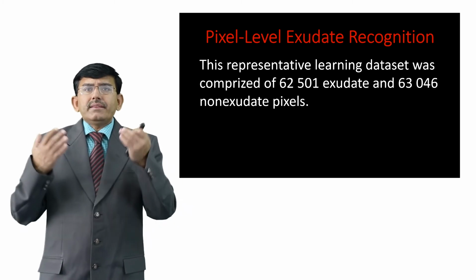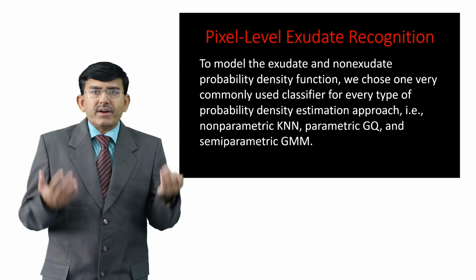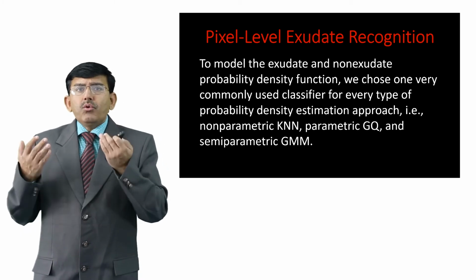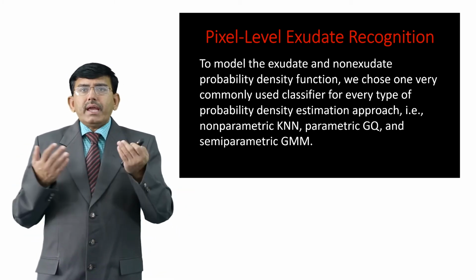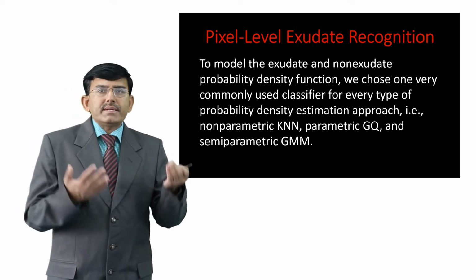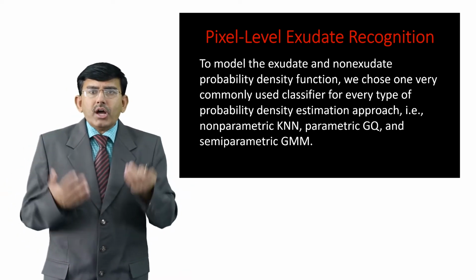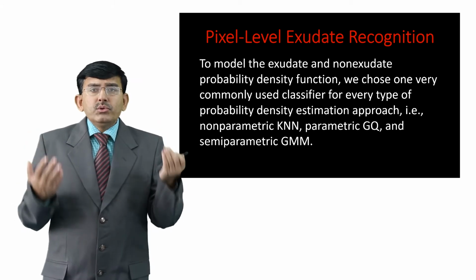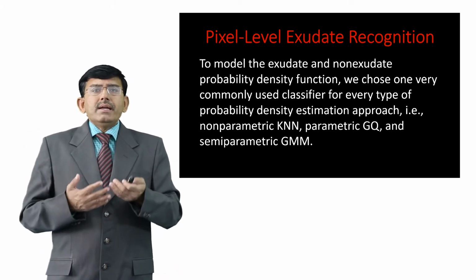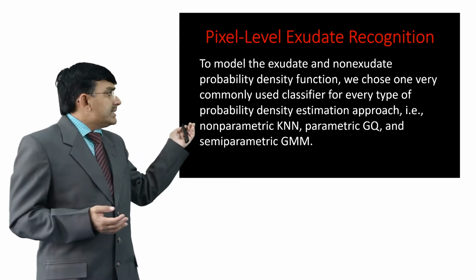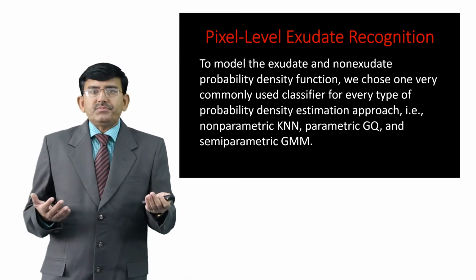To model the exudate and non-exudate probability density function, we chose one very commonly used classifier for every type of probability density estimation approach: the non-parametric KNN, the parametric GQ and the semi-parametric GMM model for classification.